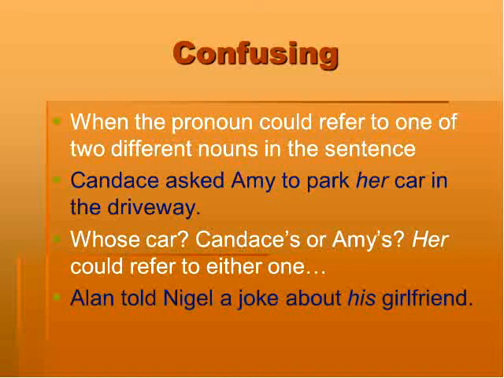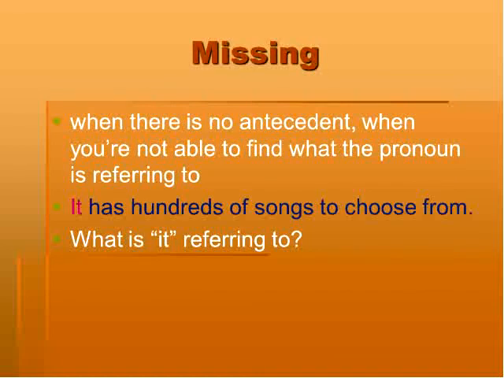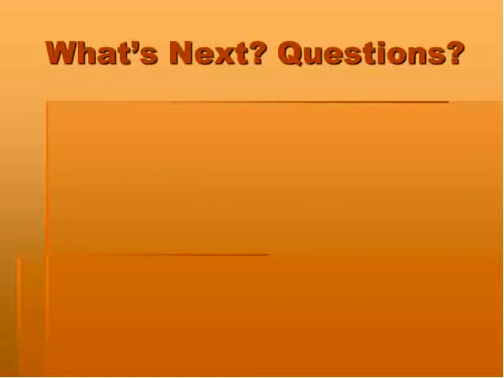Whose car? Candace's or Amy's? And her could refer to either one. So that one's confusing. Two different nouns. And missing: it has hundreds of songs to choose from. Okay, what is it referring to? That's missing information. So those are your choices for those questions.